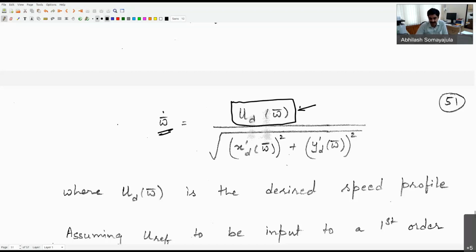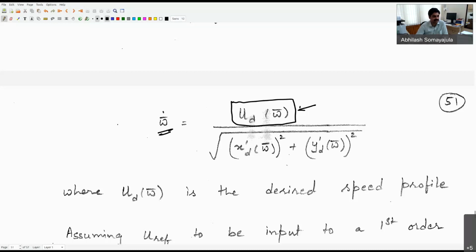Depending on the vehicle, I will specify the speed profile. If the vehicle can't make sharp turns, I will specify a slower speed profile. And if the vehicle can really make sharp maneuvers, I can go for higher speed profiles. So the path remains the same, but how the path variable is changing over time makes a difference. That will determine how fast we move along the path. Is everybody following me there? Yes?